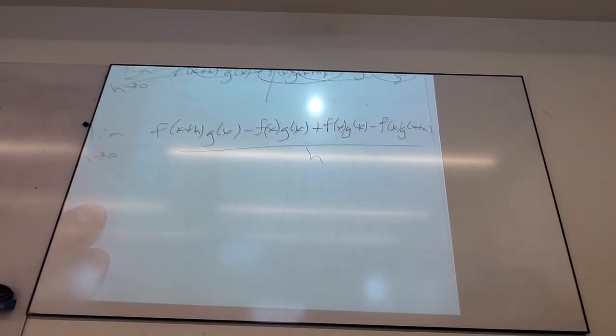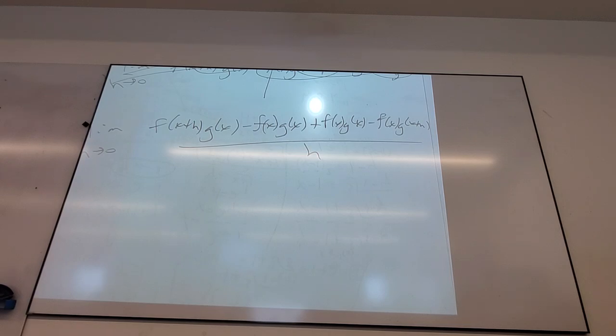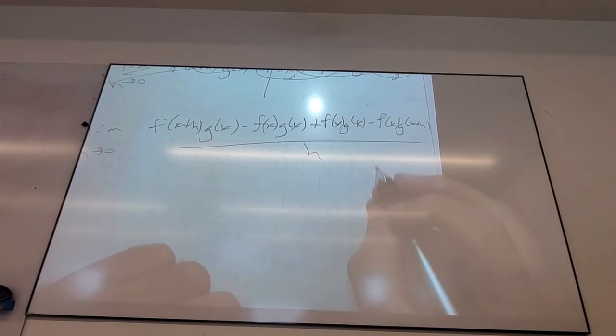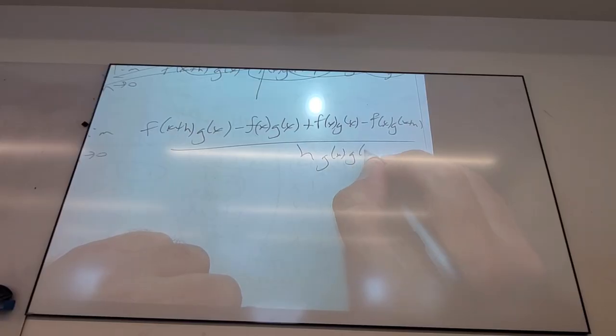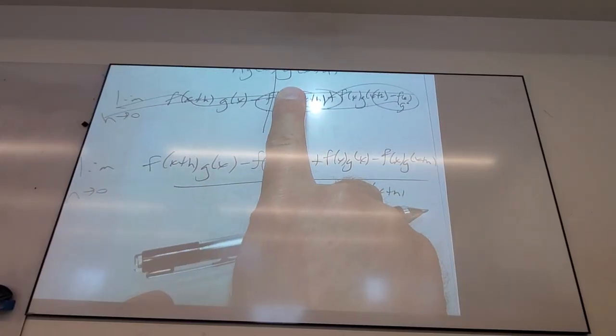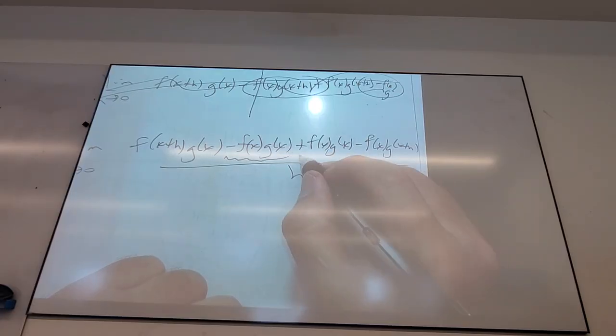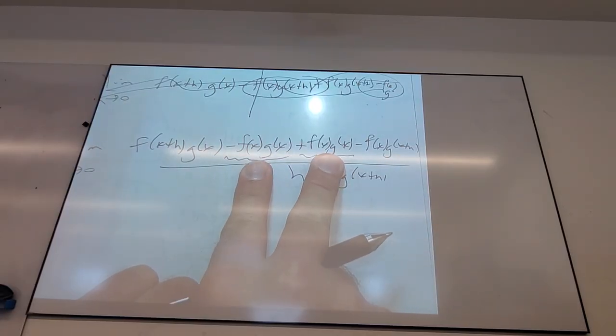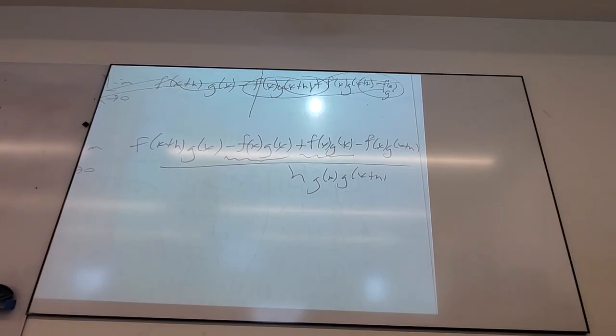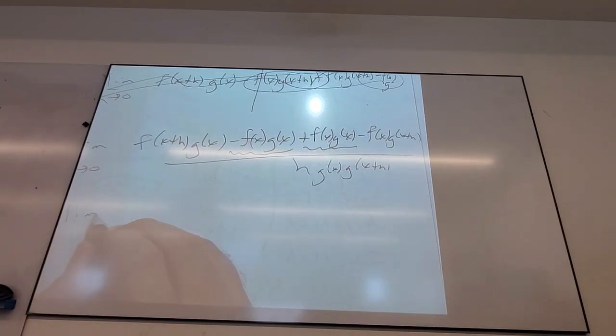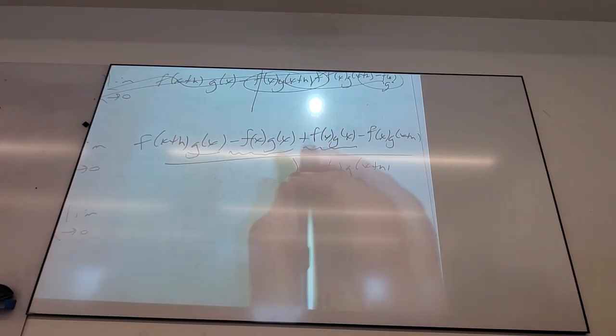Don't y'all feel better? Sorry. Oh, I left out my other stuff, g of x plus h. That's down there also, right? So all I did was add and subtract this. Do you guys see that? That's all I did, just like we did last time. Do you see how I could take a g of x out?